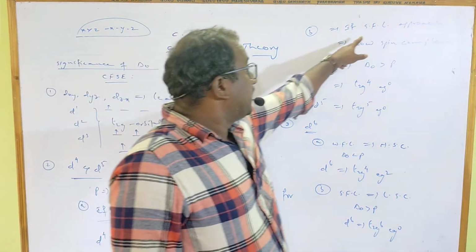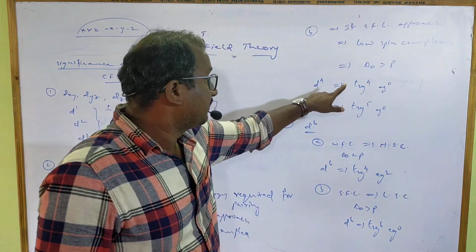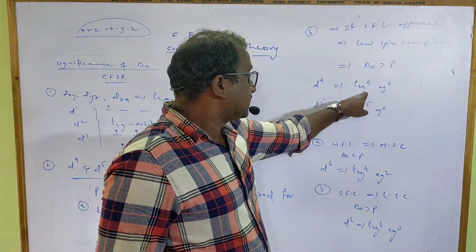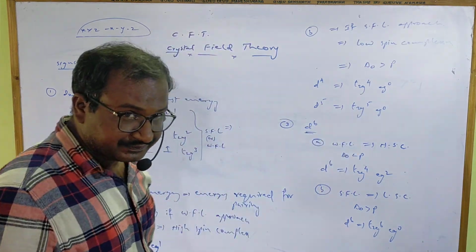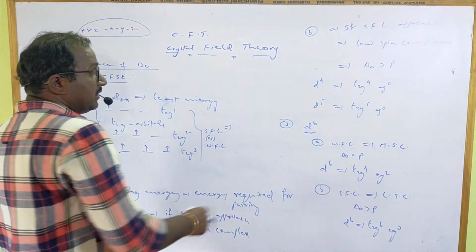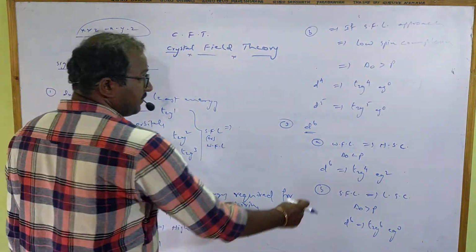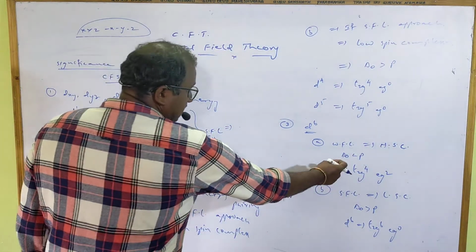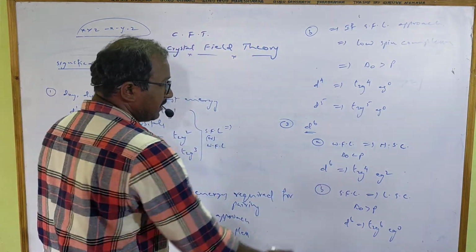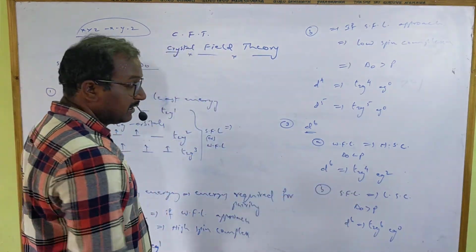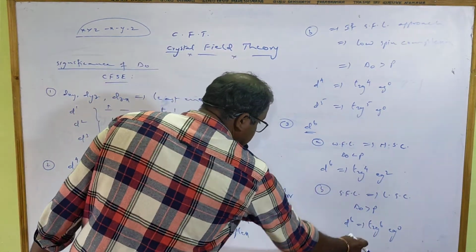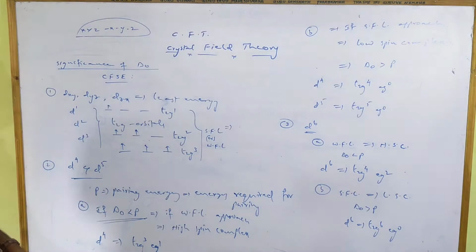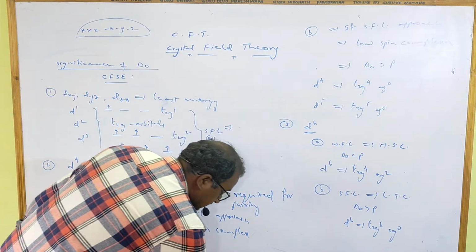And if strong field ligands are approaching for D4 and D5, delta O becomes greater than P. The D4 configuration is this. The D5 configuration is this. Pairing takes place. And for D6, if weak field ligands are there, once again I am saying they are high spin complexes, delta O less than P, and the configuration is like this. And if strong field ligands are there, this is the configuration. No electron in eg. This is D6.